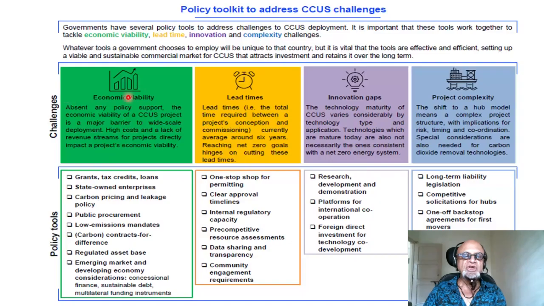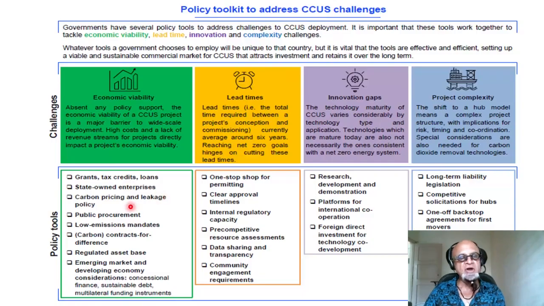The challenges: economic viability, lead times, innovation gaps, and project complexity. So here, policy tools for meeting these challenges. For example, absent any policy support, the economic viability of a CCUS project is a major barrier to wide-scale deployment. So you can have grants, tax credits, loans, state-owned enterprises to meet the economic viability challenge.